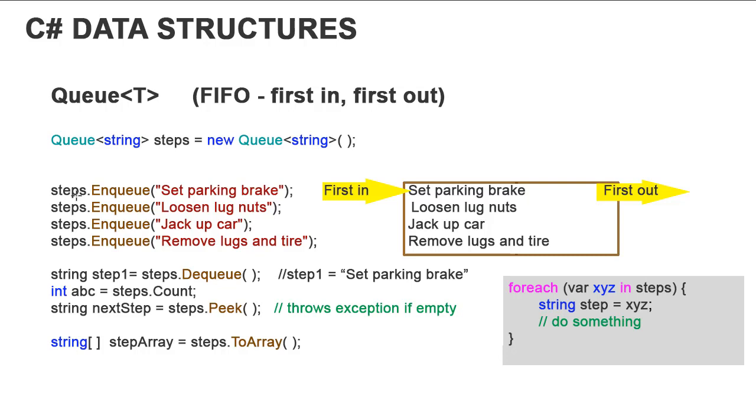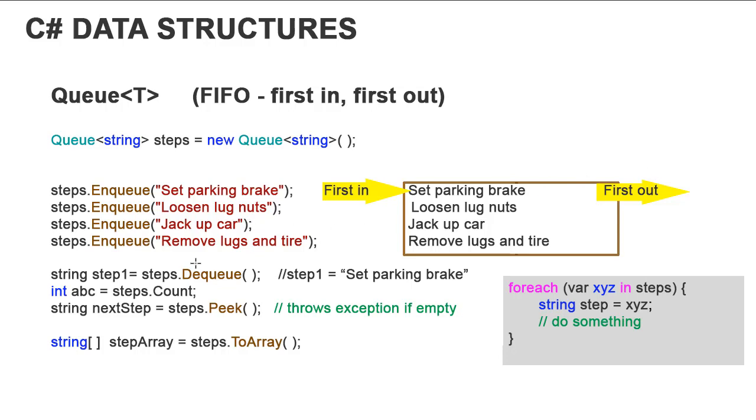So we add items to the queue structure with enqueue, specifying in the parentheses the item we want to add. So here I'm adding a string of set parking brake, loosen lug nuts, jack up car, and remove lug nuts and tire, and that creates a list here of those items with the first in here at the top being set parking brake, and that becomes the first item out.